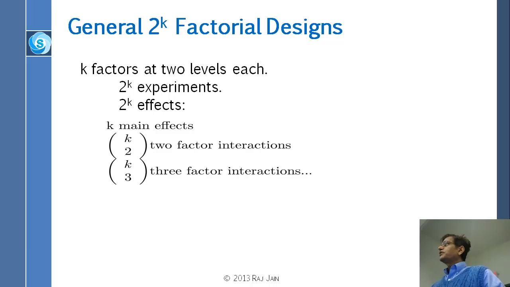So you have 2 raised to k experiments and you have 2 raised to k effects. Out of this, k are main effects, k choose 2 are 2 factor interactions, k choose 3 are 3 factor interactions, and so on and so forth.